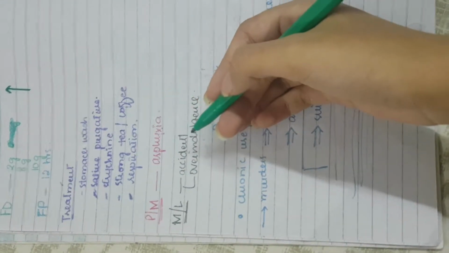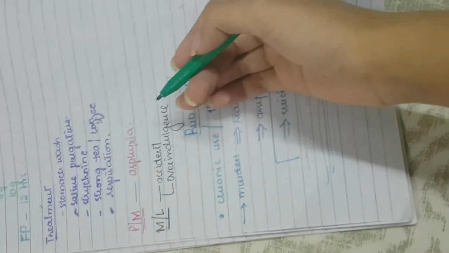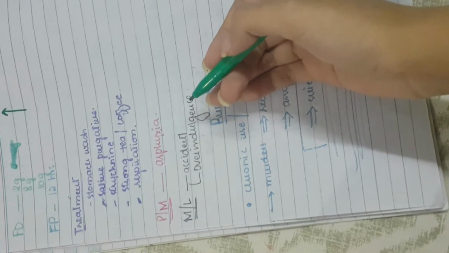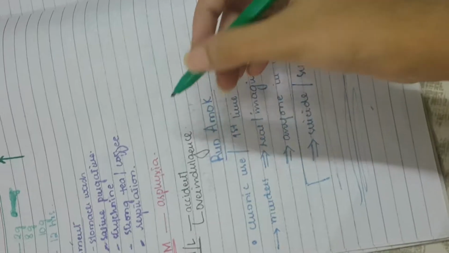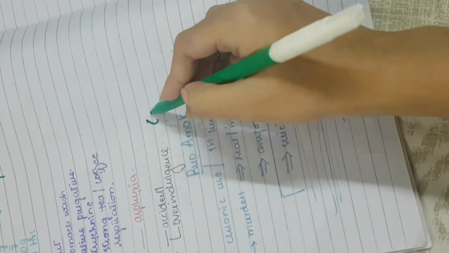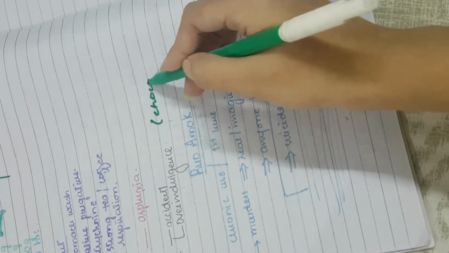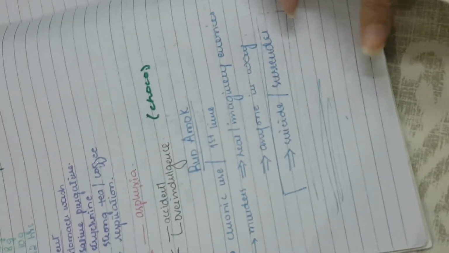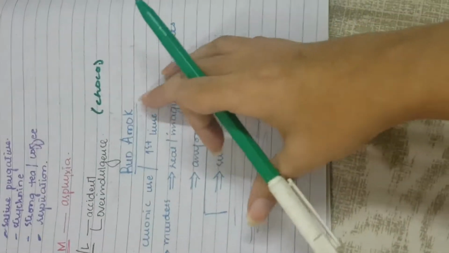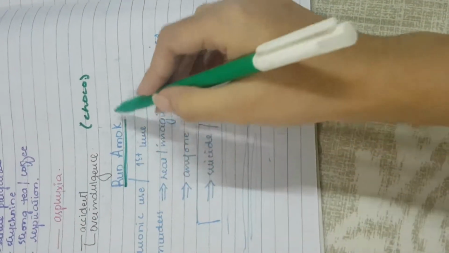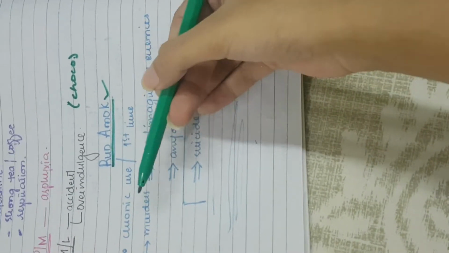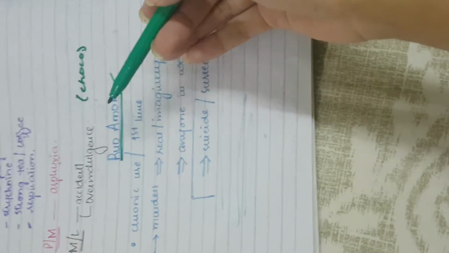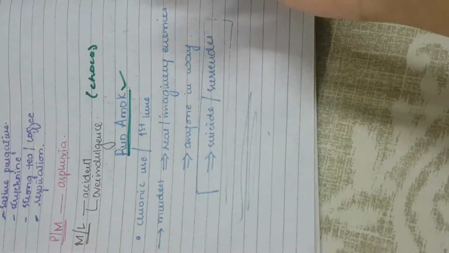The medicolegal significance is that it can be accidental or due to overindulgence. It is mostly given through chocolates to children. And then there is a term known as run amok, which is very important. Run amok is due to chronic use of cannabis or due to first time use of cannabis.